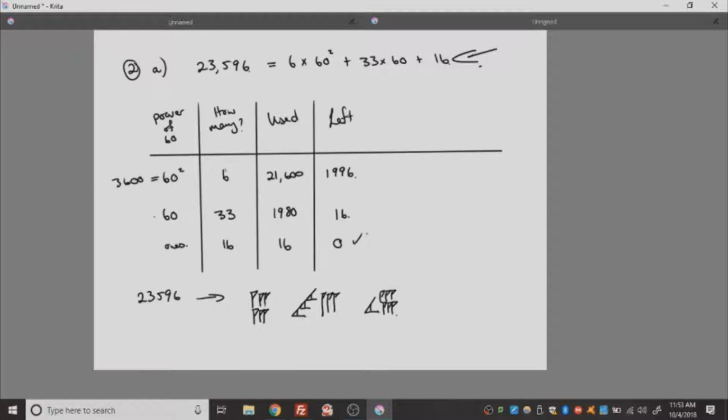If I have 6 groups of 3,600, that is multiplication to get 21,600. If I say 3,600 times 6, I get 21,600, because 6 groups of 3,600 means multiplication. And then I do a subtraction from the original amount.